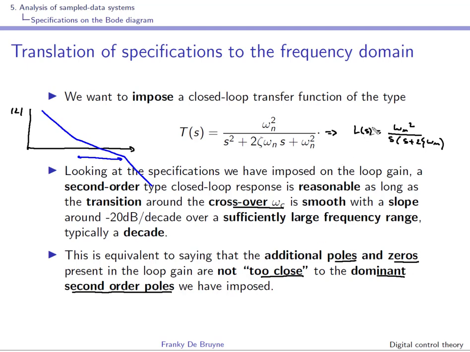So imposing this L will be consistent with the specification that we have imposed on the loop gain, as long as this transition zone around the crossover frequency is sufficiently large, with a smooth transition and a slope in the neighborhood of minus 20 dB per decade.